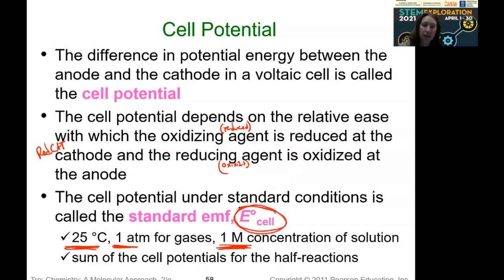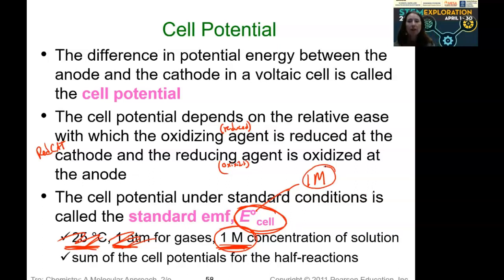But this will be there. This means 1 molar, right? We don't really change our temperatures or our pressures here, but we are going to be changing our concentrations, right? So if you see that little standard sign, that means your concentration is 1 molar.